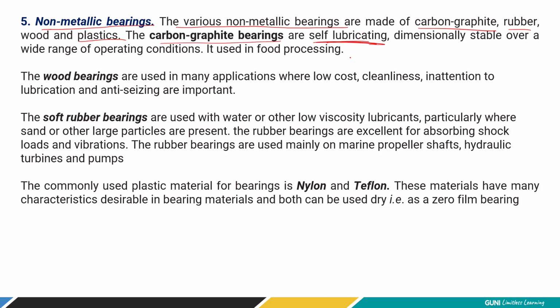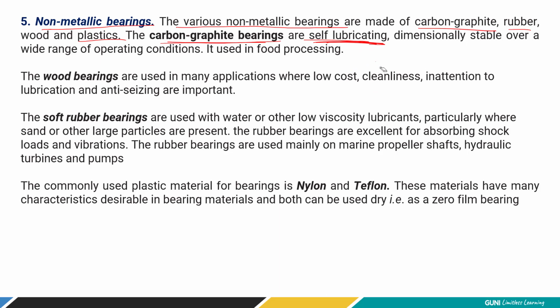Self-lubricating means, let's say, take the example of a pencil, right? A pencil has lead. Now when you write with it, you will feel a smooth, buttery action or touch sensation, right? That is because each layer of carbon is moving relative to the others. So the carbon graphite bearings are going to give self-lubricating bearing action.